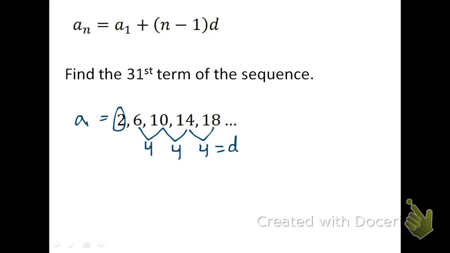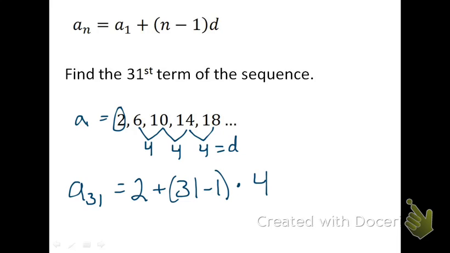So we can just plug that into our formula. So a sub n, or a sub 31, because that's what we want, is a sub 1 plus (n minus 1), so 31 minus 1, times d, which is 4.